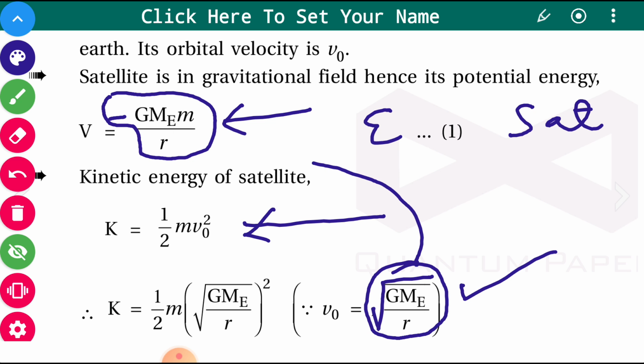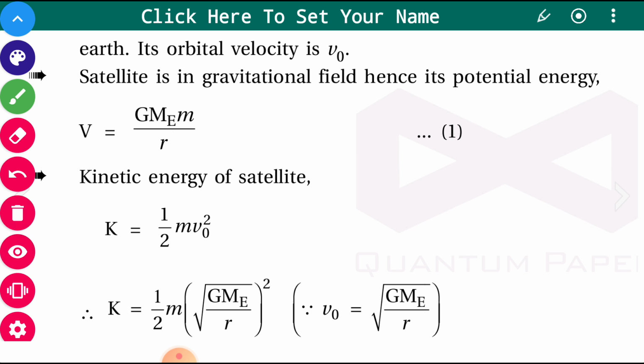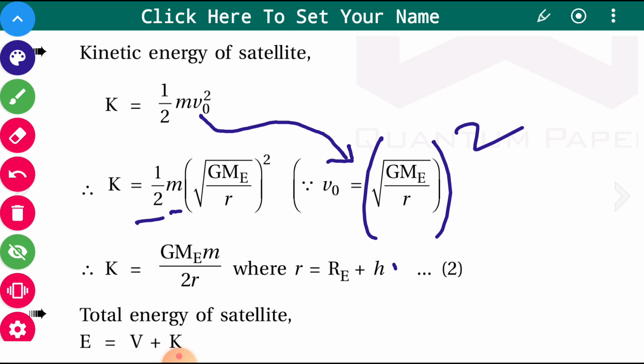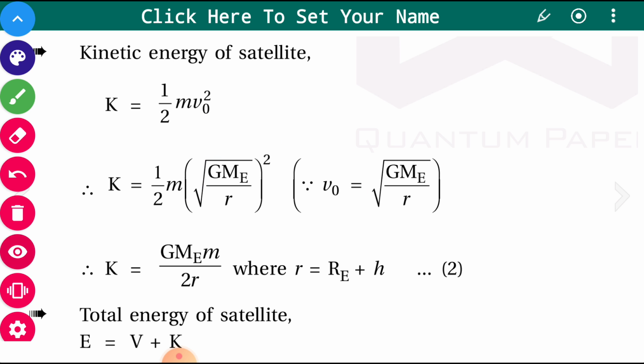If this value is substituted instead of vo, the square root is removed by the square, so we get 1/2 m times G Me upon r.